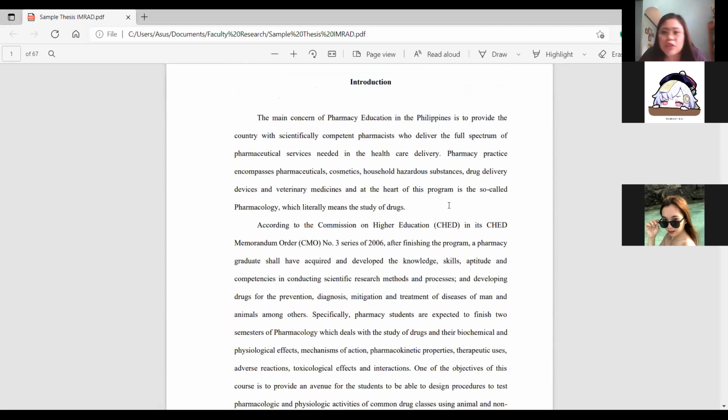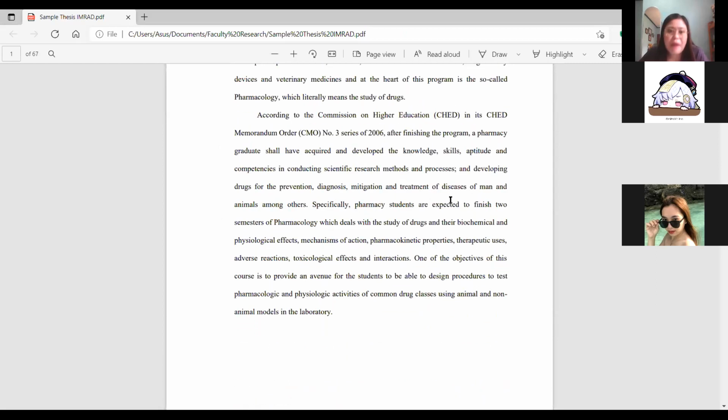So after introducing the topic of my study, gi-expound na nako ang problem. Okay? So diri na ko nag-start og kuha og mga literatures or studies na, for example, kani the CMO from the CHED, para ma-expound na ko ang topic nga gusto gyud ko magbuhat og laboratory manual sa pharmacology.